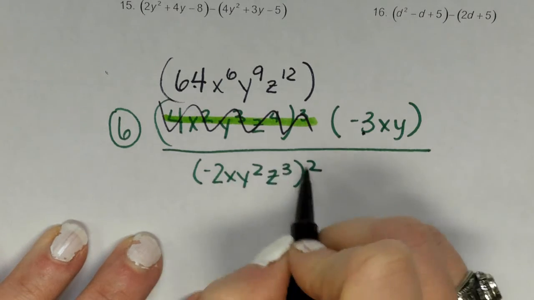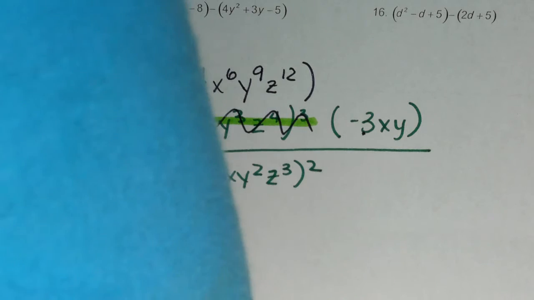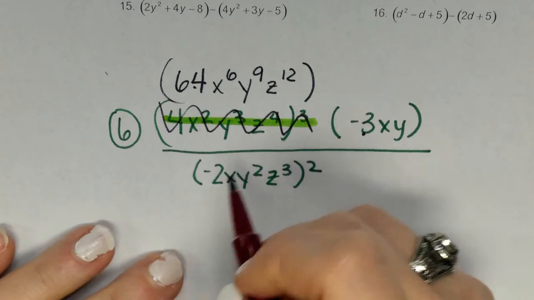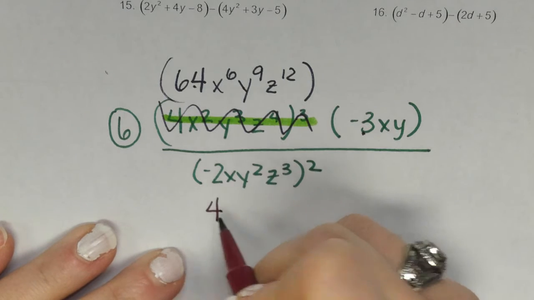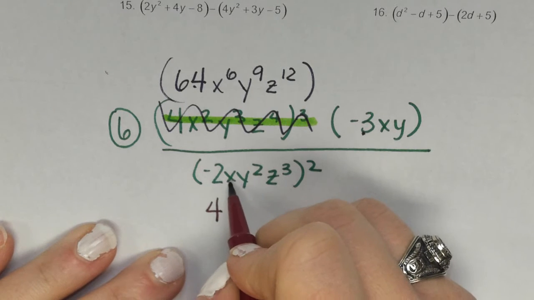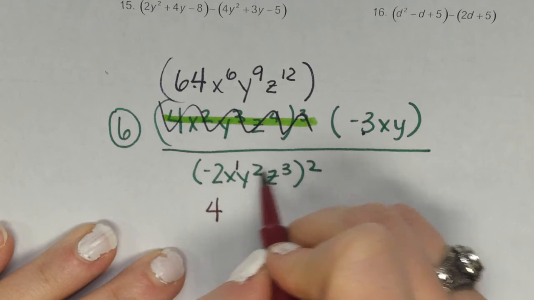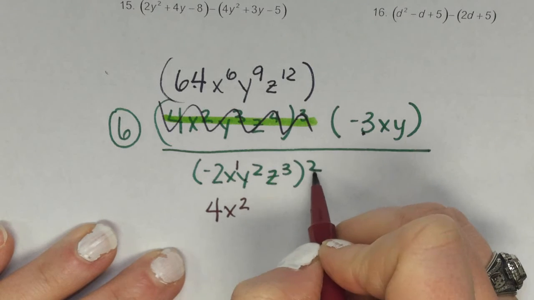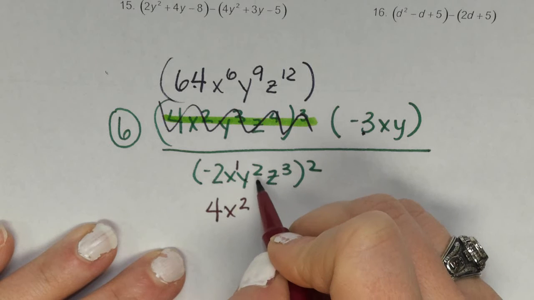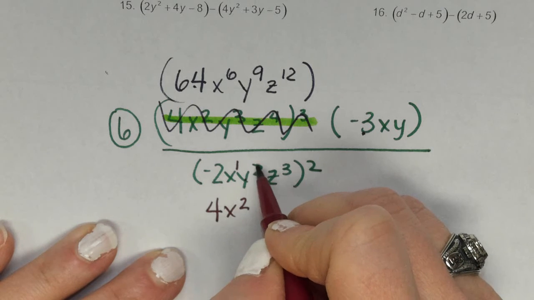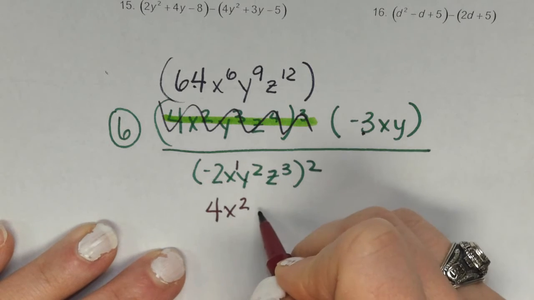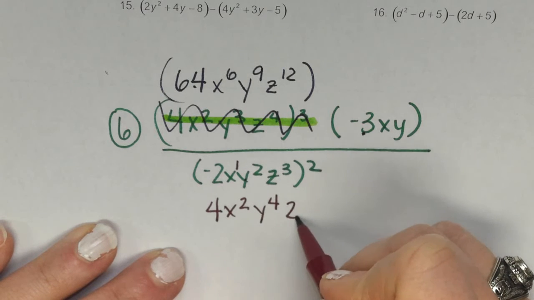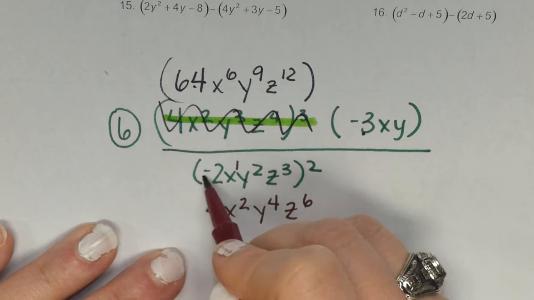So we have everything inside here is to the second power. So negative 2 to the second power will give us a positive 4. x to the first to the second power gives us just x squared. y to the second to the second power gives us y to the fourth, power to power, and z would become z to the 6.